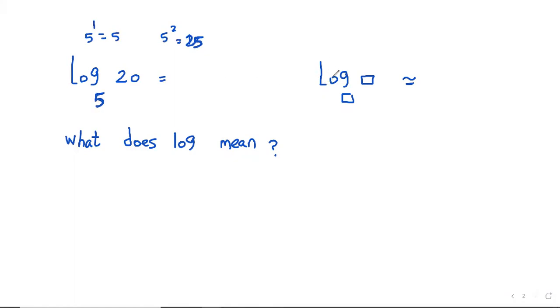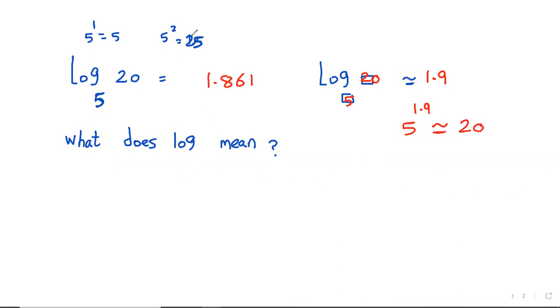Just write log, write 20, and write the base 5. You will get the result on the calculator. It's 1.861. When we round it, we get 1.9. So that means 5 raised to the power 1.9 approximately equals 20.